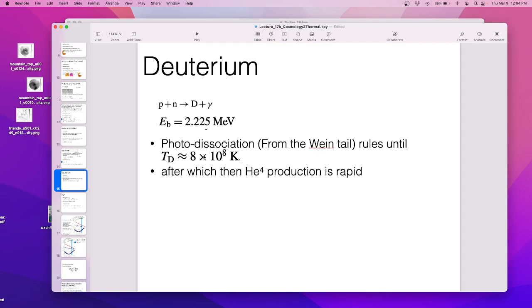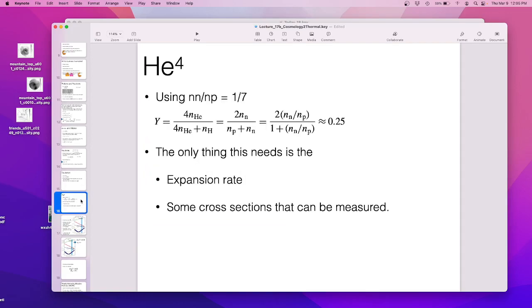The photons break it up a little bit, so it's not just the mass of the deuterium that sets when the freeze-out happens. It's a little later than that because you can still break some stuff up, but you get a temperature for the deuterium of freezing out at 10 to the 8 Kelvin. Once the deuterium freezes out, we make a bunch of helium-4. So, man, I used to have a better slide here.